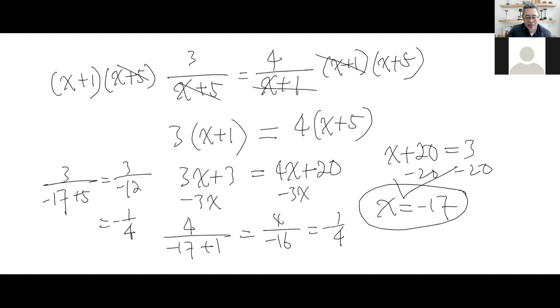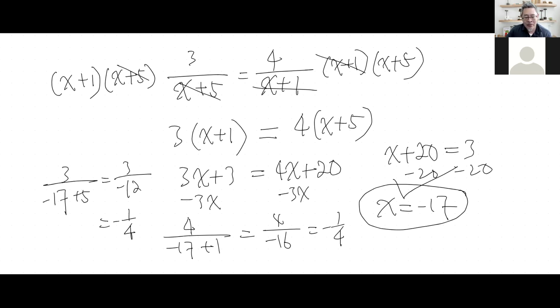When you subtracted 3x from both sides, shouldn't you have subtracted 4x from the one side? It doesn't matter which one you go. I like to keep mine positive, so I just took a negative 3x on both sides. Oh, okay, so it doesn't matter? No, doesn't matter.